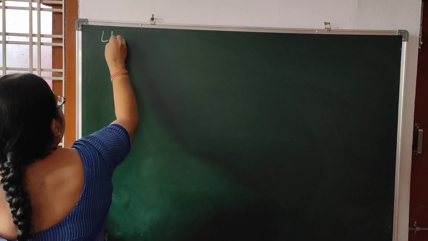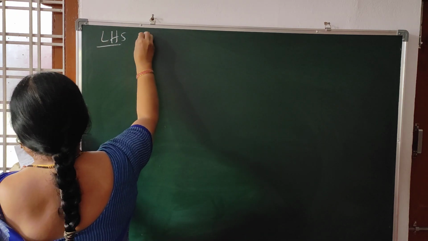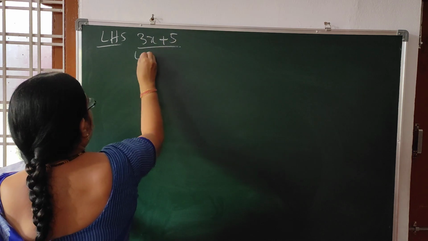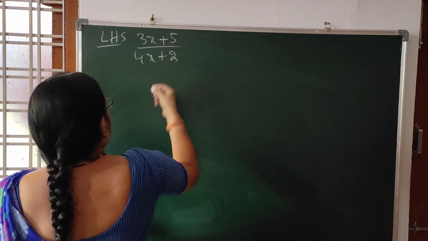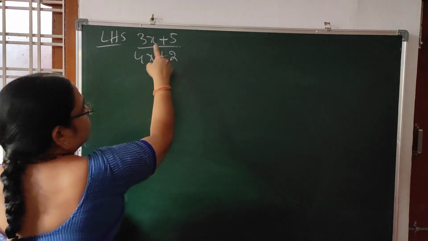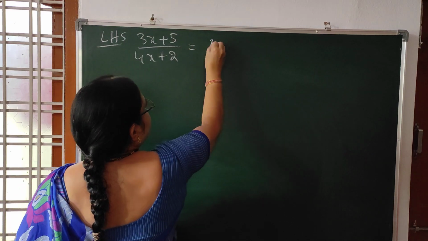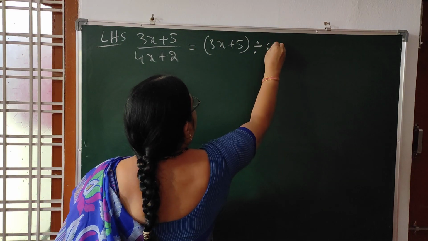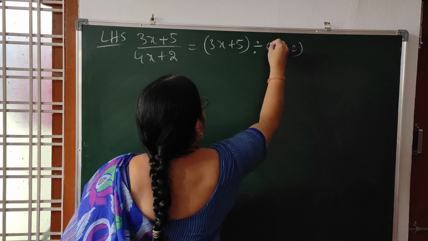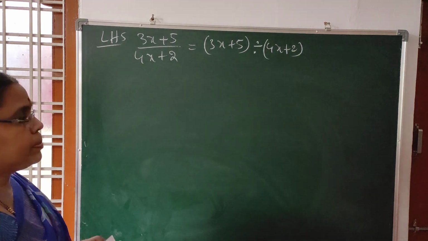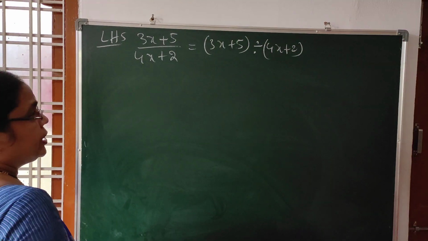So, verification. LHS, what is given? (3x + 5) divided by (4x + 2). x is equal to how much we got?